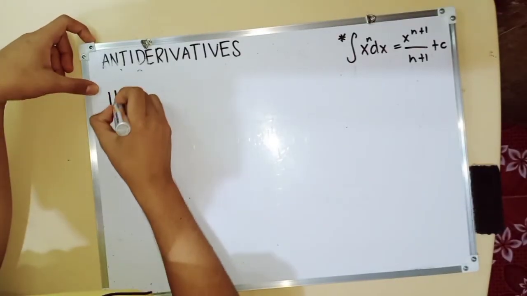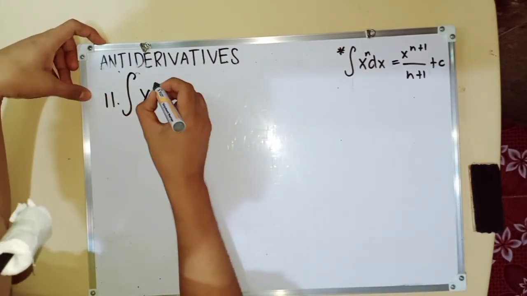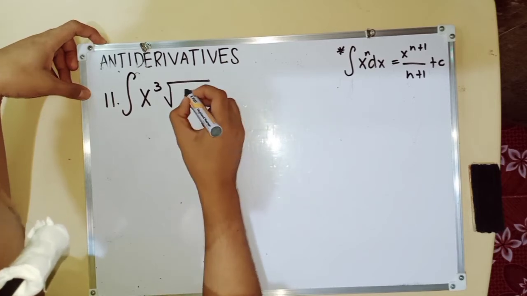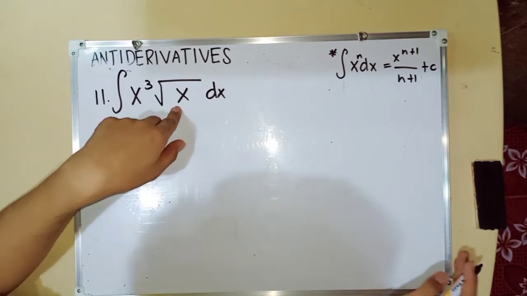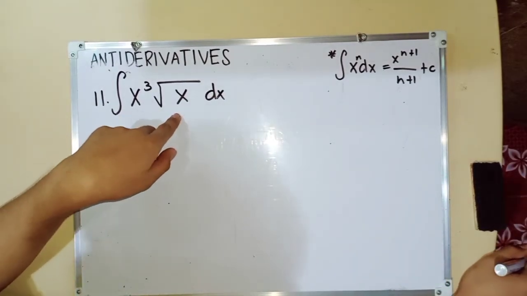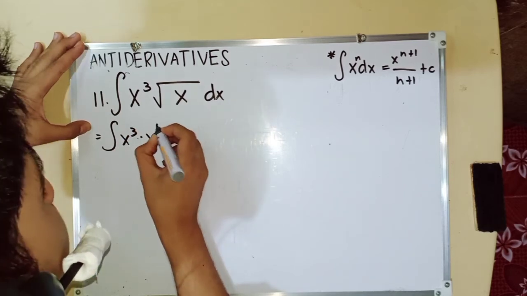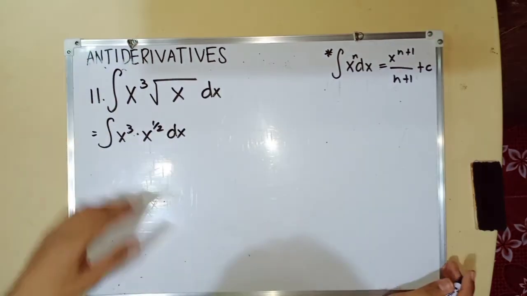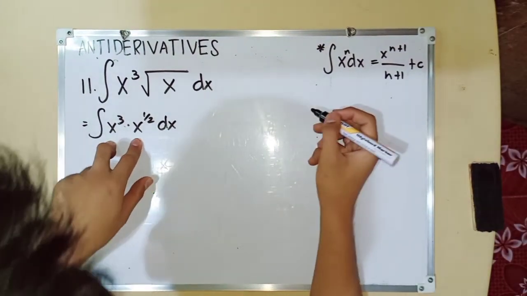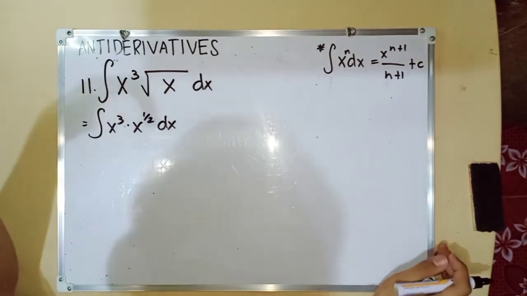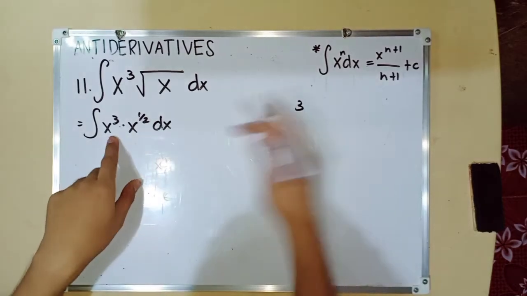So, number 11. Let's take the antiderivative of x raised to the power of 3 multiplied by the square root of x. So, the square root of x is also equal to x raised to 1 half. So, let's write that. Then, let's combine like terms, combine the two x's. By combining terms with the same base, we add 3 plus 1 half.